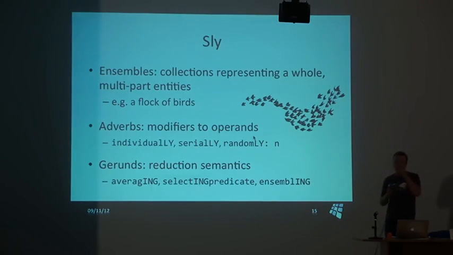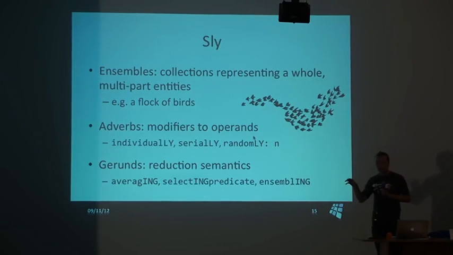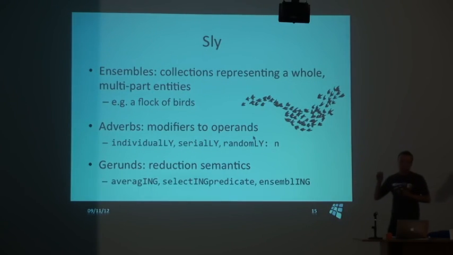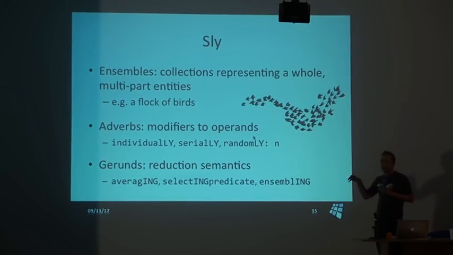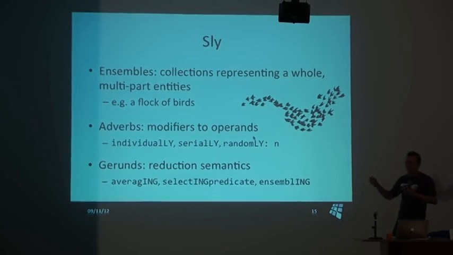The basic idea behind Sly is that you actually don't really work with objects. Instead, you work with so-called ensembles. The idea is that you don't usually want to refer to a single object, especially in a parallel case, where you want to work with big data, with data sets that go beyond single, small arrays.